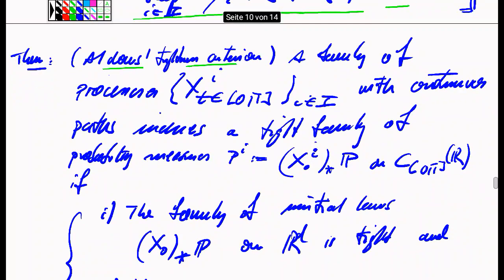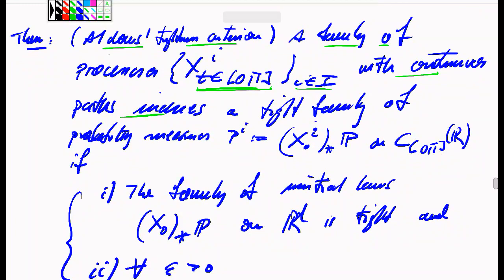And the theorem here goes like this. A family of stochastic processes which all have continuous paths, and we want to assume here for a moment that the time parameter space is restricted to the compact interval from 0 to T. This collection of random variables, which assume values in the collection of continuous paths, induces a tight family of probability measures.